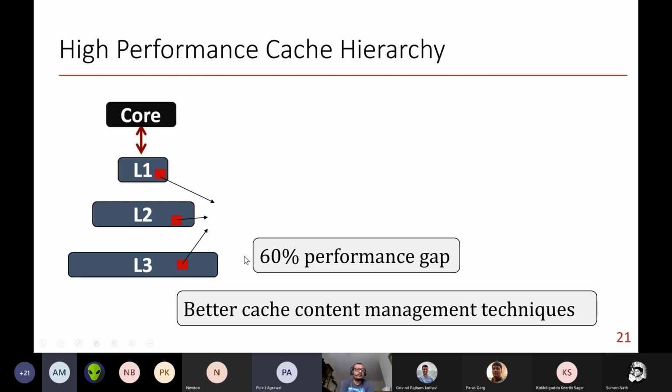You decide how you want to keep it and for how long. Ultimately, if you get a hit at the L1 all the time, that is the ideal performance for the entire cache hierarchy. There is no need to go to L2, L3. So the same scope in terms of performance is there.